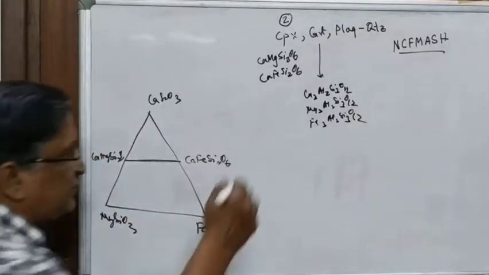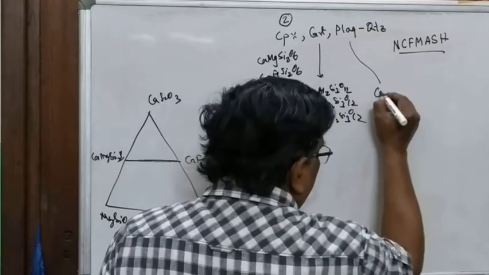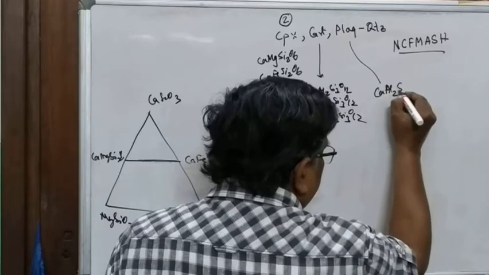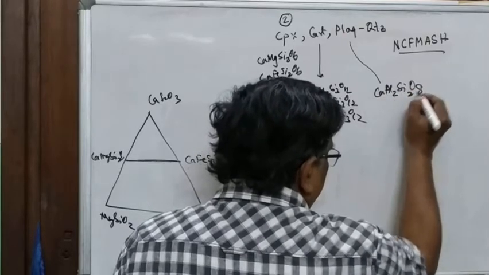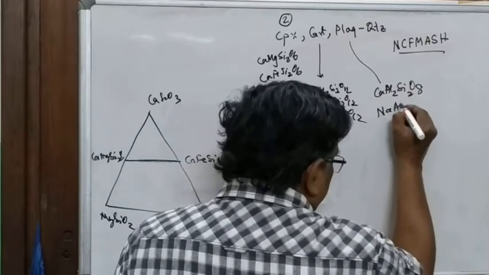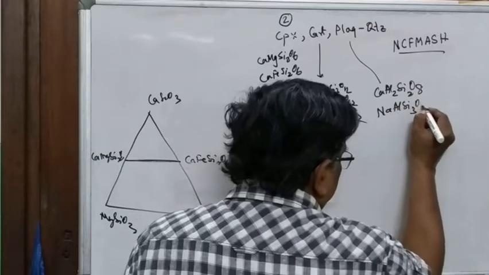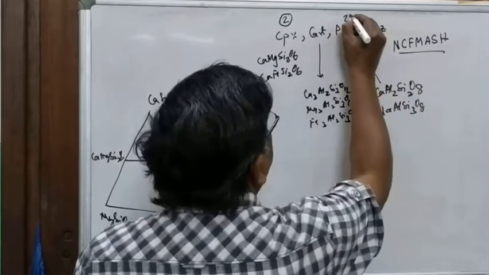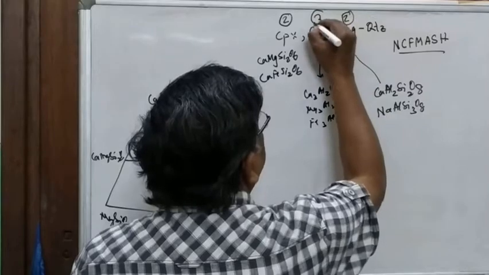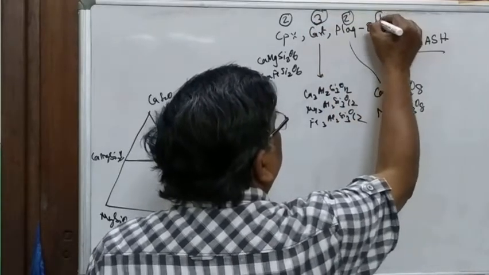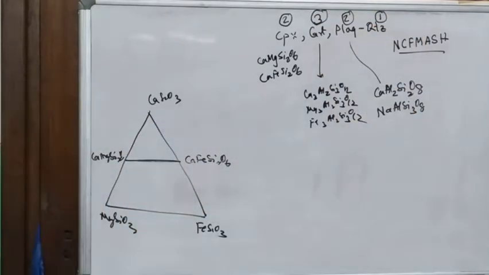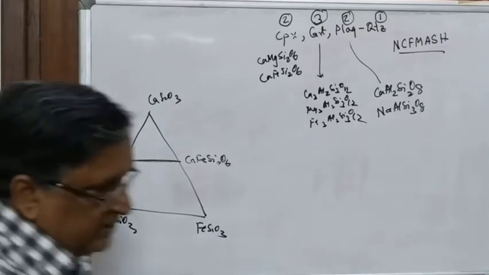And then you have a plagioclase, and this will lie between CaAl2Si2O8, which is anorthite, and NaAlSi3O8, which is albite. So you have two phase components, and you have three phase components, and quartz is one phase component. Right?